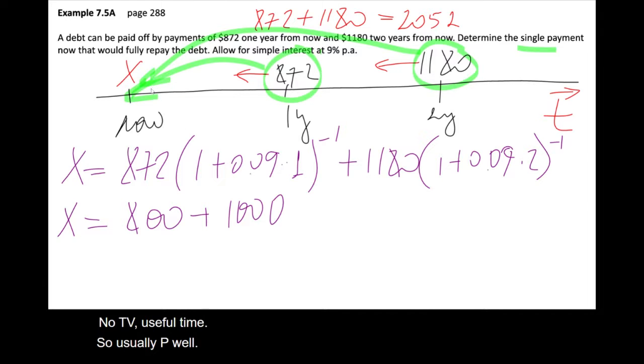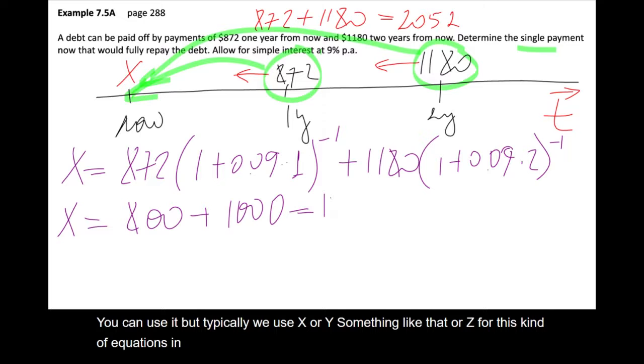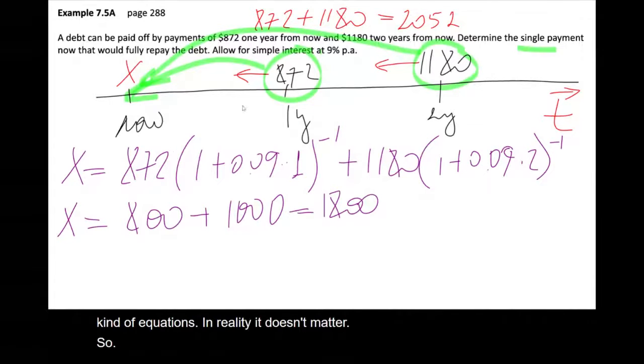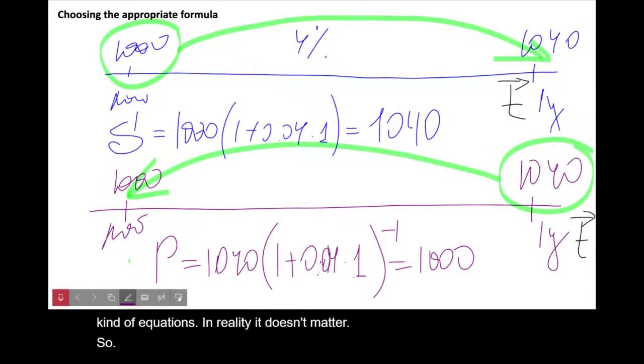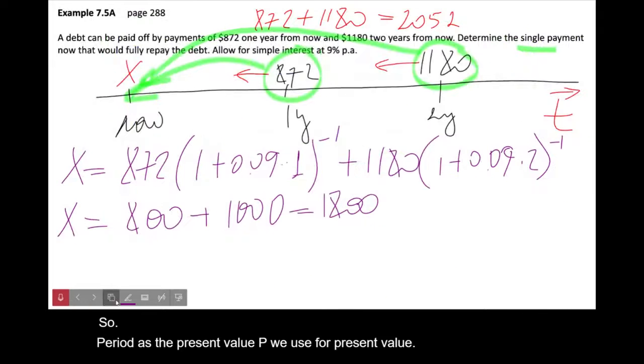Typically we use X or Y, or Z for this kind of equation. In reality, it doesn't matter. And P is what we use for present value. Is that the same thing as what we're trying to find right now?